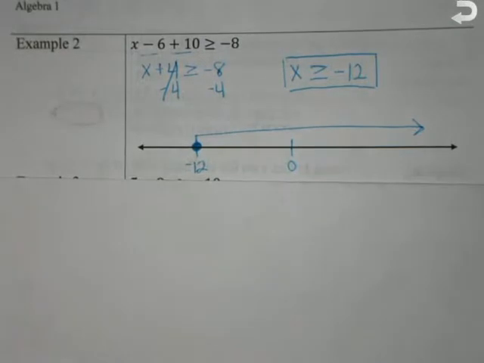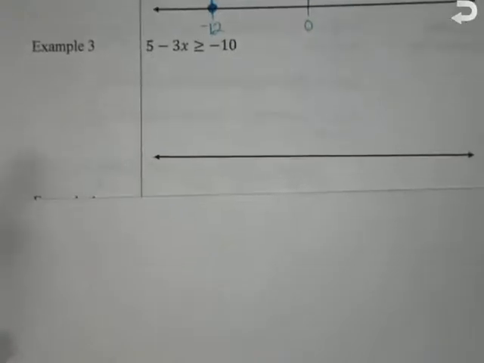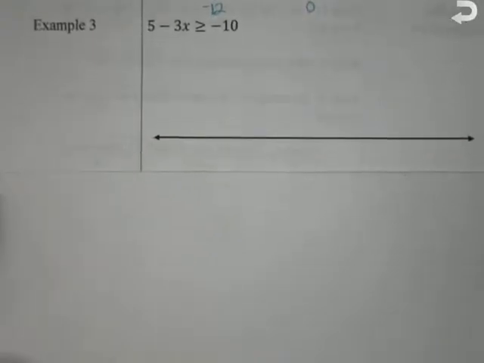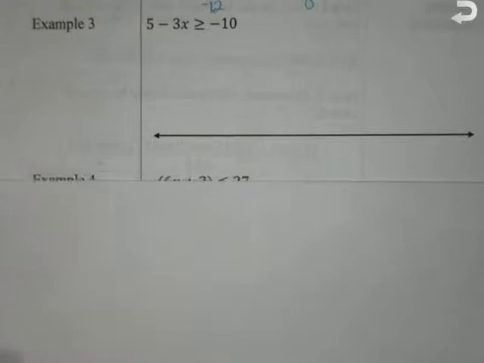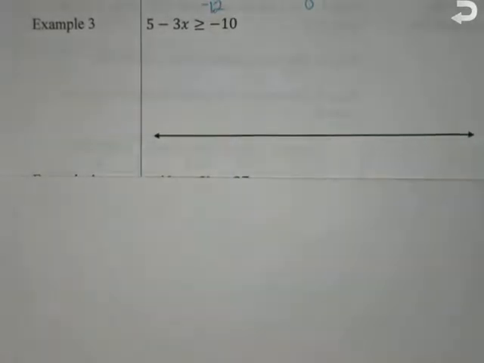Example 3. 5 minus 3x greater than or equal to negative 10. Is x on the left? Yes. So now we just get to start solving as normal. What do you guys think I need to do?